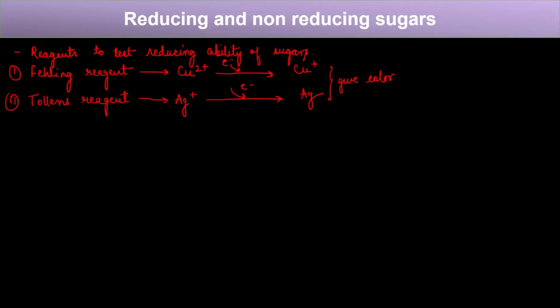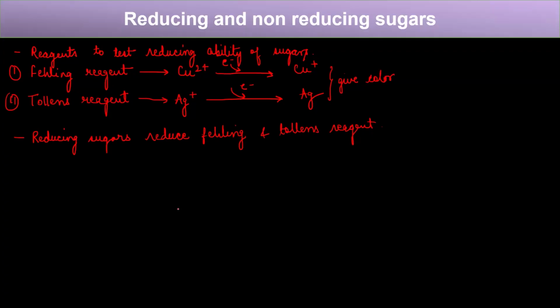Now, what do reducing sugars do? Definitely, they will reduce these reagents. They reduce Fehling and Tollens reagent, which means they convert the cupric ion and silver ion into cuprous ion and silver.